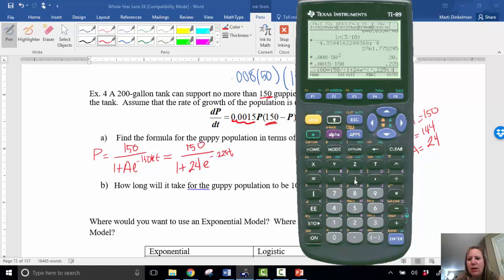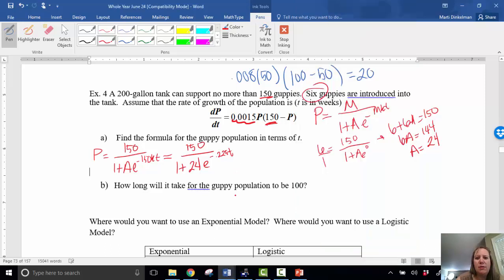Okay, make sure I get the right number of parentheses there, tell it what variable I want it to solve for, and then we'll be good. So t is 17.205, and let's see, weeks. Earlier it told us that t was in weeks.